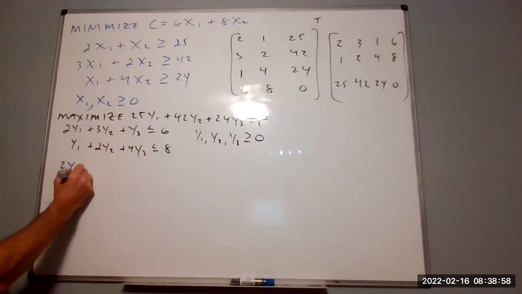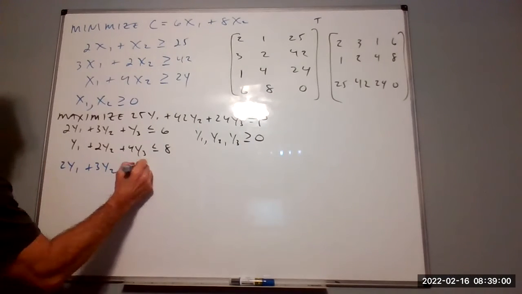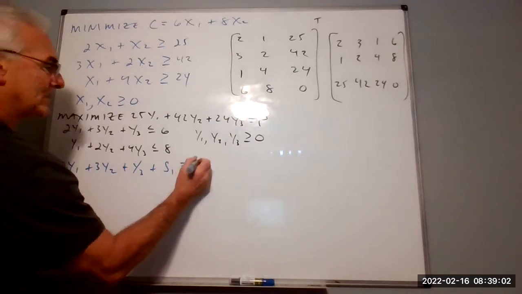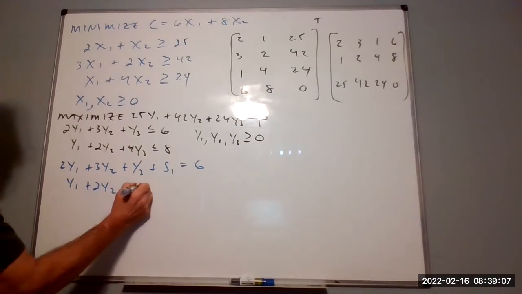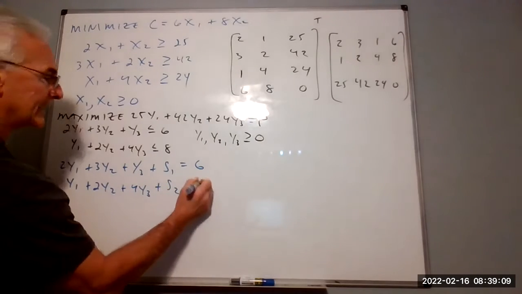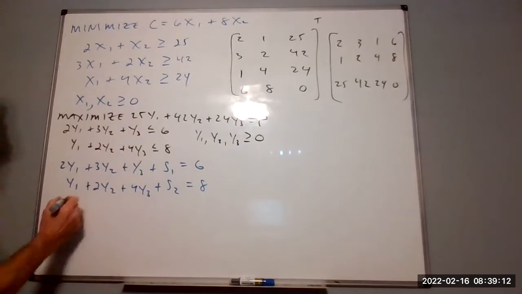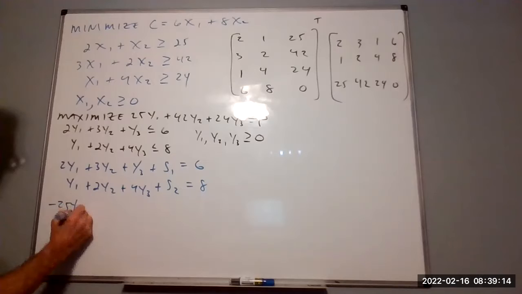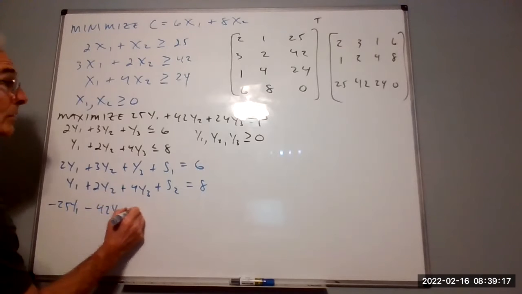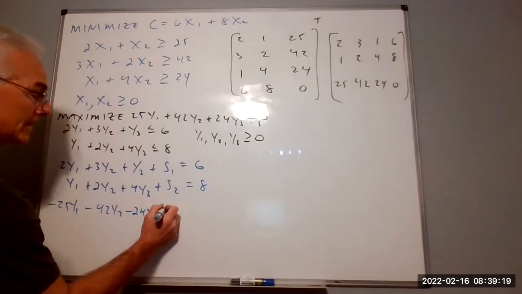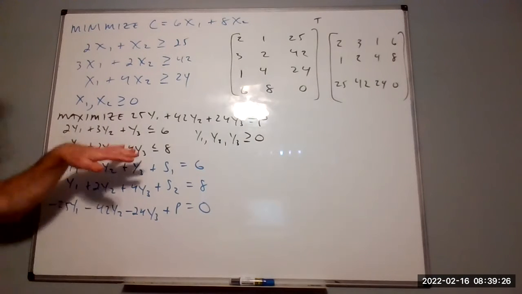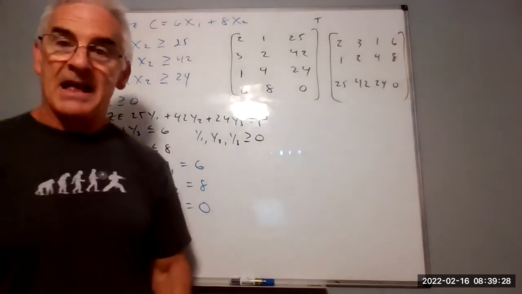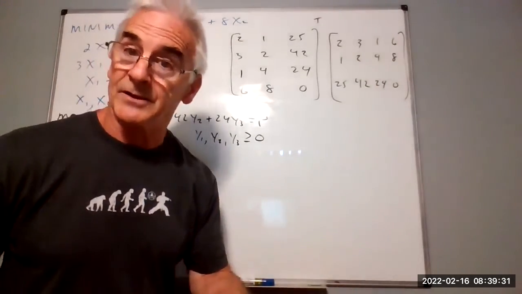So 2y1 plus 3y2 plus y3 plus slack variable 1 equals 6. y1 plus 2y2 plus 4y3 plus slack variable 2 equals 8. Negative 25y1, negative 42y2, negative 24y3 plus p equals 0. That is exactly the problem we were just doing earlier. We're going to solve it using the simplex method, then I'll show you where you read your solution.